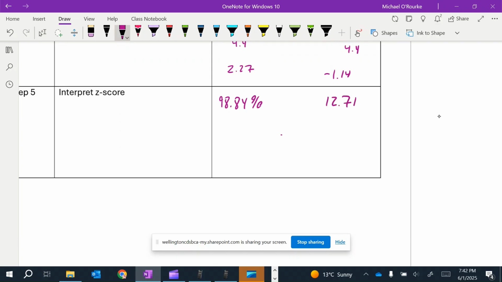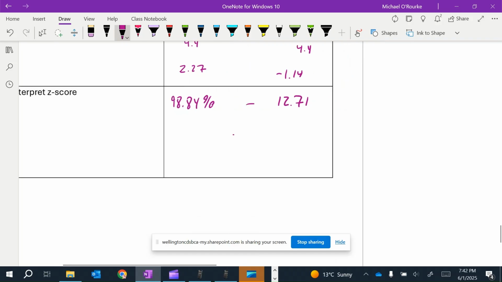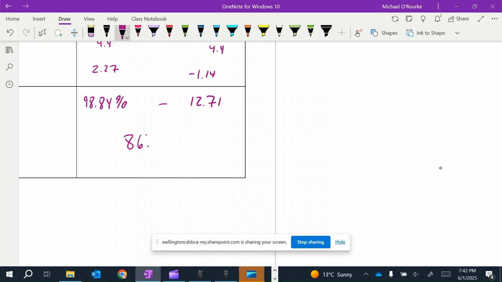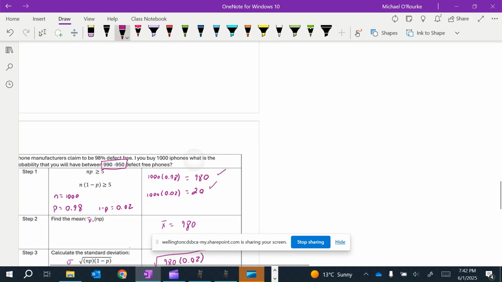So now to find the range between them, we're just going to subtract these two. 98.84 minus 12.71 is going to give me 86.13%. So there's an 86.13% chance that in the next batch of iPhones, between 990 and 975 will be defect-free.